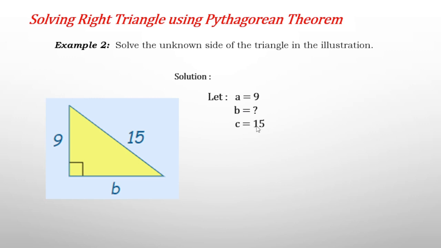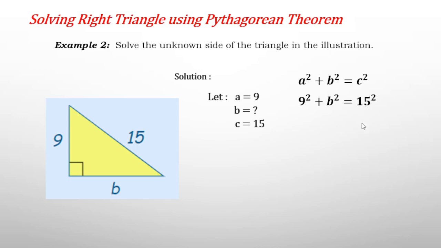Since this is a right triangle and we are going to solve for one side of it, we are going to use the Pythagorean Theorem. By substituting the value of A, which is 9, and the value of C, which is 15, with B unknown, we have A squared becomes 9 squared, plus, copy the B squared, equals C squared becomes 15 squared.